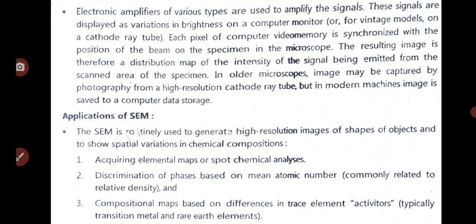The first use is acquiring elemental maps or spot chemical analysis. The second is the discrimination of phases based on mean atomic number, which is commonly related to relative density. The third is compositional maps based on differences in trace element activators, typically transition metals and rare earth elements.